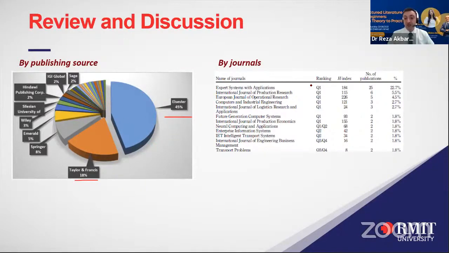For example, here you can see this journal, Expert Systems with Applications, got the most publications, and it's Q1, of course, in this area. So you can visualize all these things out of your work.